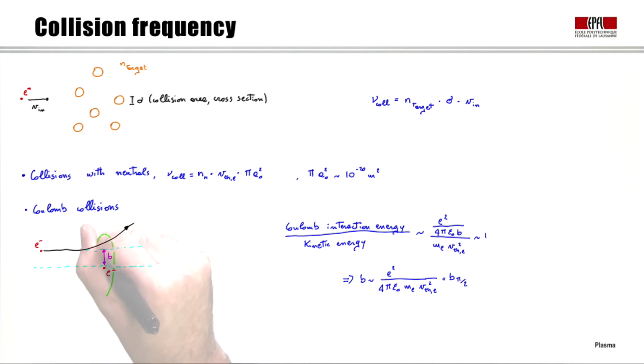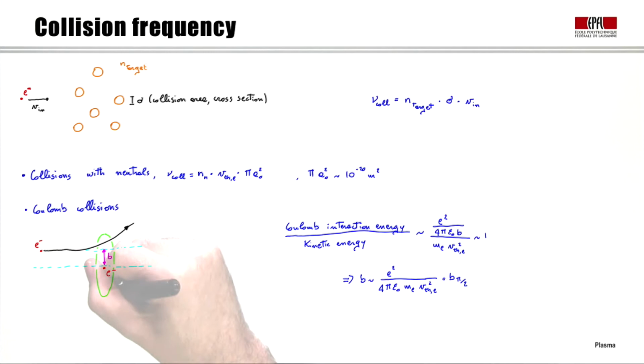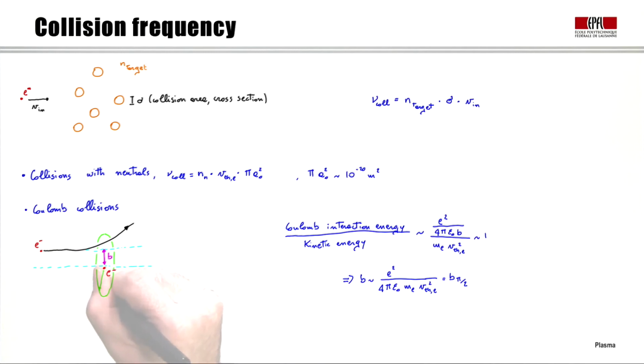But basically, each electron can be associated with an area with radius b pi over 2. And the collision frequency will be given by the electron density times the incoming velocity of the particles, that can be assumed to be the thermal velocity, times the cross-section, that is pi b pi over 2 squared.